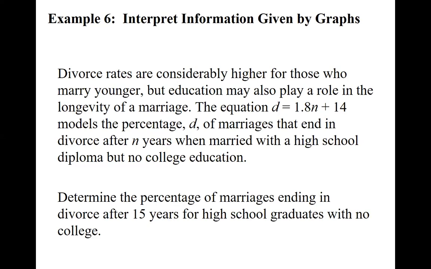So let's break down what we have here. We have an equation. D is the number of marriages that end in divorce after n years. Here we're asked to find the number of divorces after 15 years.